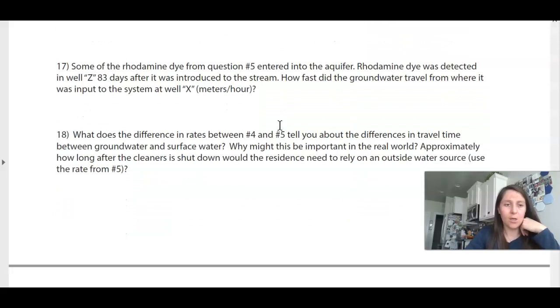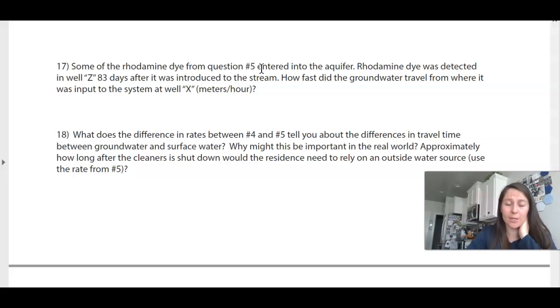All right. So question 17. Some of the rhodamine dye from question 16 entered into the aquifer. So it infiltrated through the ground and it made it into the aquifer. That rhodamine dye was detected in well Z. So point Z is also towards the bottom leftmost part of your map.